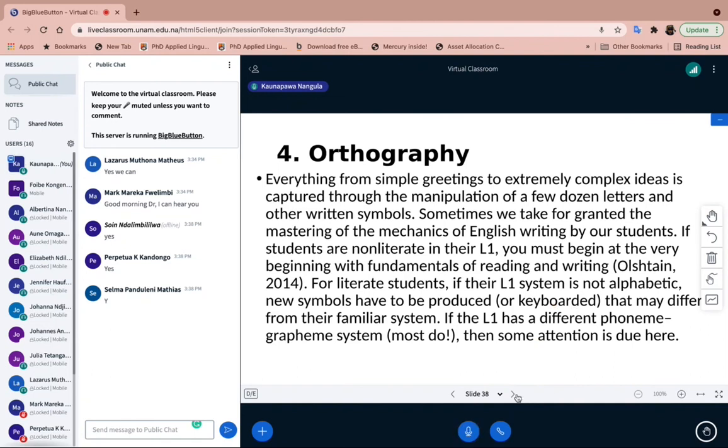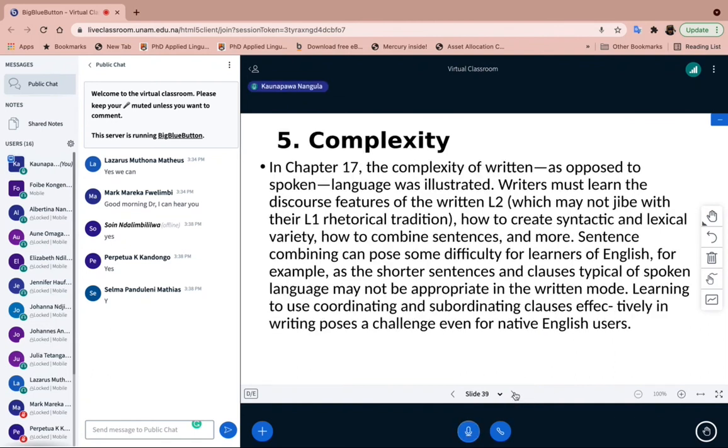All right, moving on. Complexity. This is not really chapter 12, but the complexity of written as opposed to spoken language. Chapter 17 is about spoken language, and we have not covered that yet.